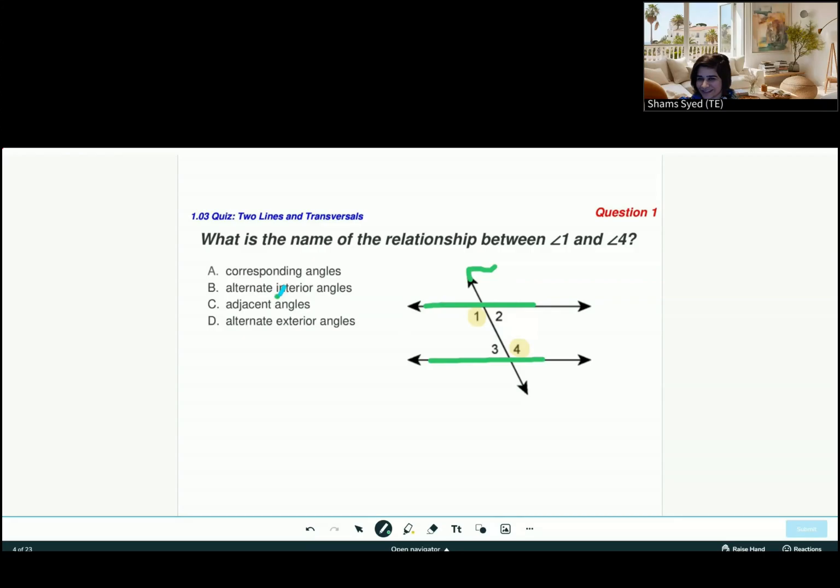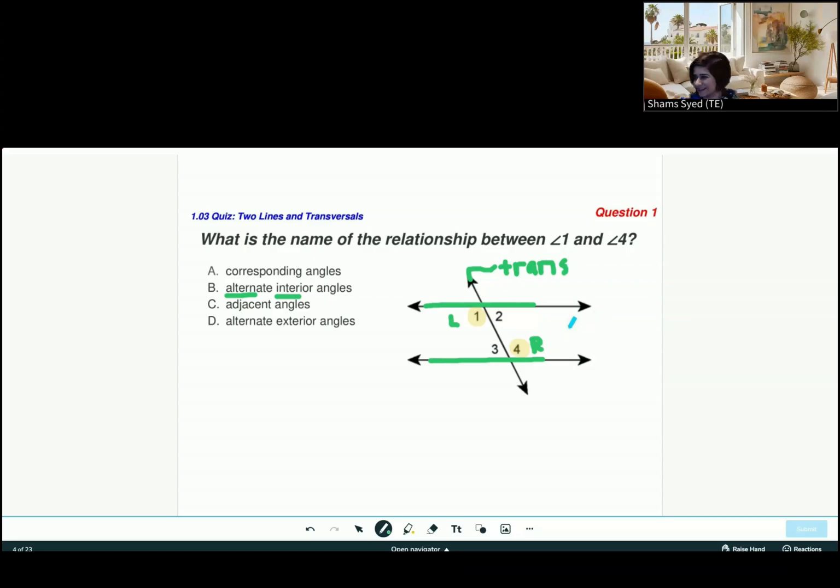So they are interior. They are on two different sides of the transversal, alternate, right? One is to the left side, the other is to the right side of the transversal line. So it's called alternate interior.